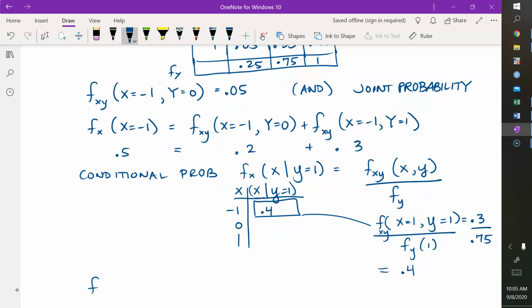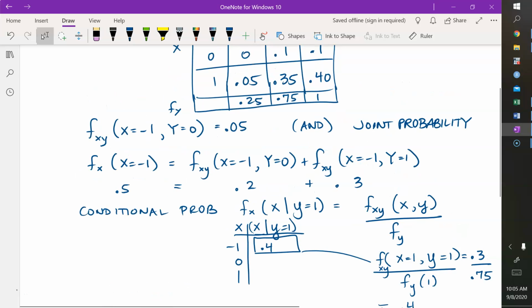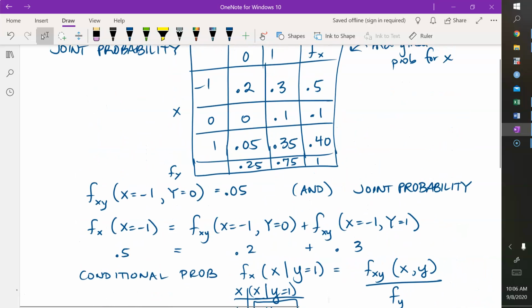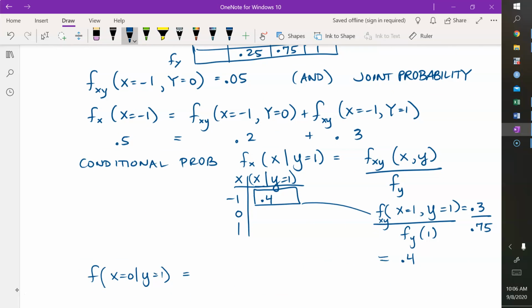I can go ahead and complete the others. The chance that x is 0, given y equals 1, comes from the chance x is 0 and y is 1, which is 0.1, divided by the chance of y equals 1, which is 0.75, which becomes 0.13 repeating.